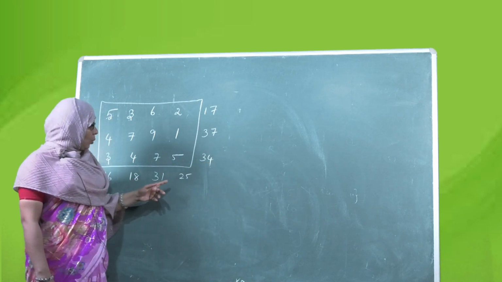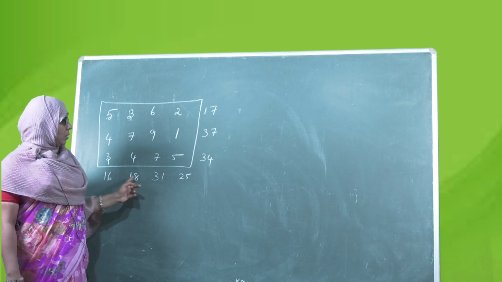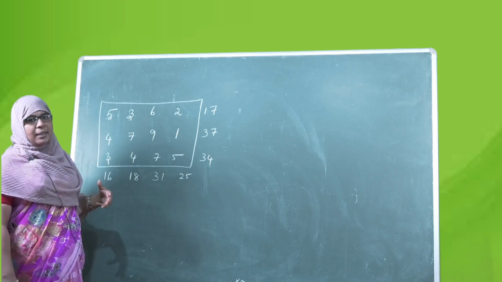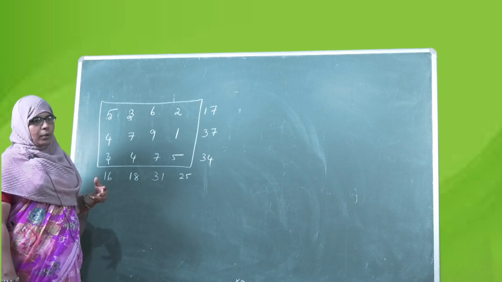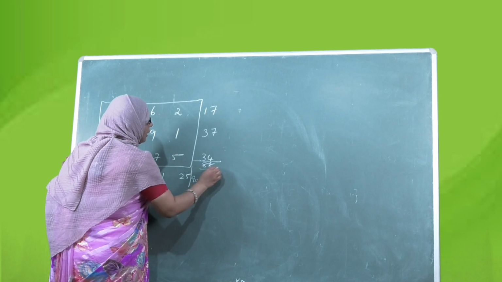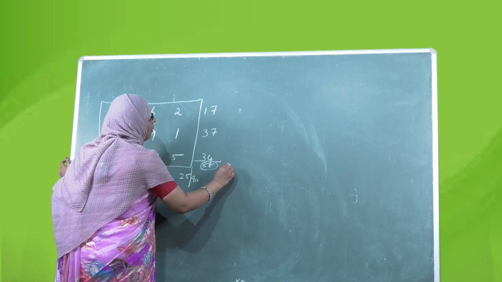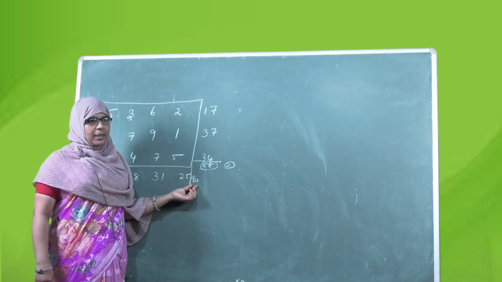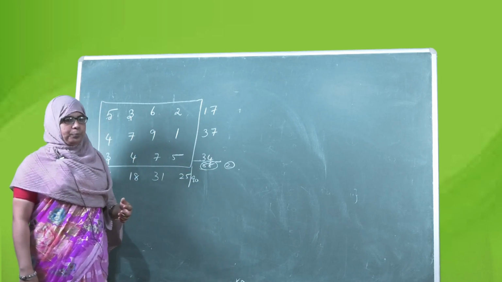So 88. What is the row total? 90. So how much is the lacking element? 2. This 88 and this 90, so this needs 2 more. The lacking element is 2.